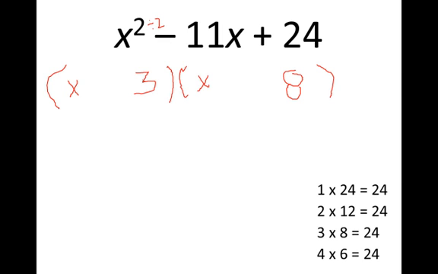So how do I make my 3 and my 8 give me negative 11 if I were to add them? Well, if this 3 was negative and this 8 was negative, when I add these two, it will give me negative 11. And then when I multiply negative 3 and negative 8, it will give me a positive 24. So this here is the answer.